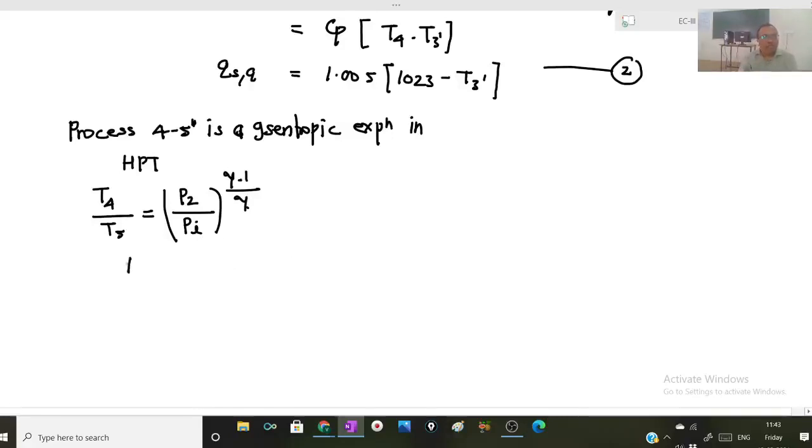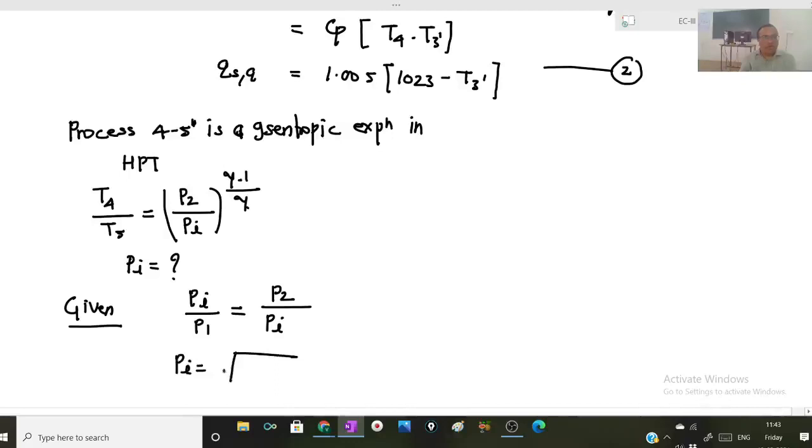Now value of Pi is not known to me. What I will do, I have been given Pi over P1 is equal to P2 over Pi, or Pi is square root of P1 into P2. This is given to me in the problem itself.